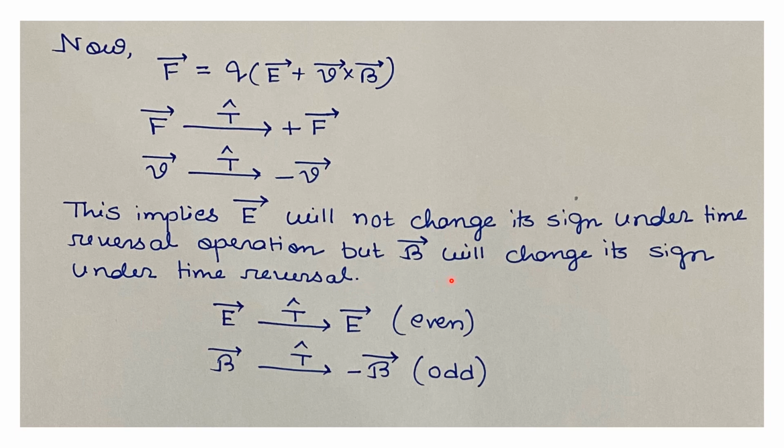So the magnetic field vector will change its sign because here V is also changing its sign under time reversal operation, and the magnetic field also changes its sign, and this cross product will become positive under time reversal operation. That means force will not change its sign. So what we have learned, the electric field vector doesn't change its sign under time reversal operation, so it is even under time reversal operation, but the magnetic field vector changes its sign under time reversal operation, so it is known as odd under time reversal operation.